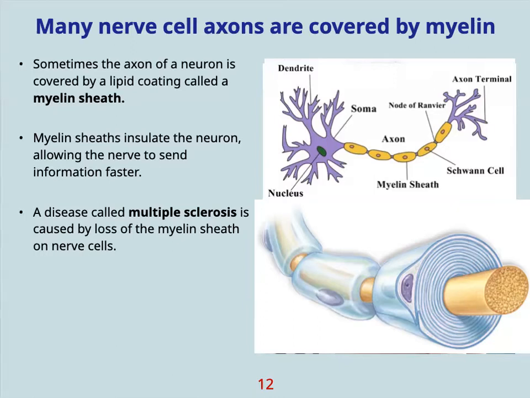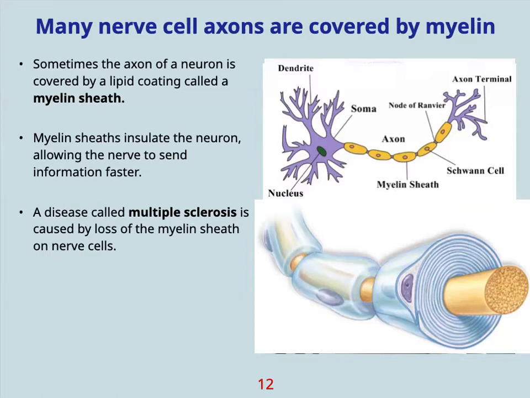Multiple sclerosis is an autoimmune disease that destroys that myelin sheath in neurons. And so patients with multiple sclerosis have a loss of myelin sheath from their neurons, leading them to have a range of symptoms depending on the type of neurons that are affected. If it affects motor neurons, it can cause speech disturbances.